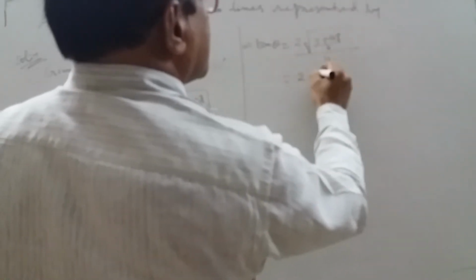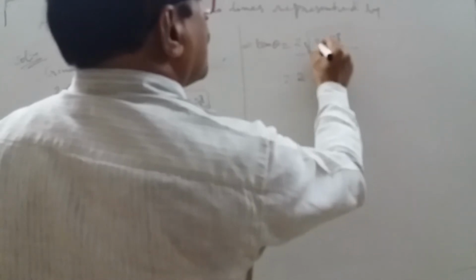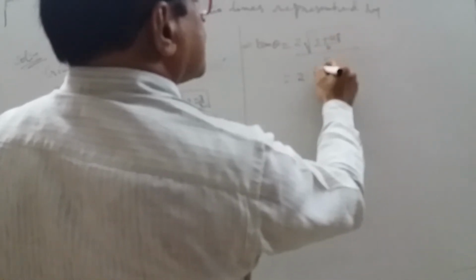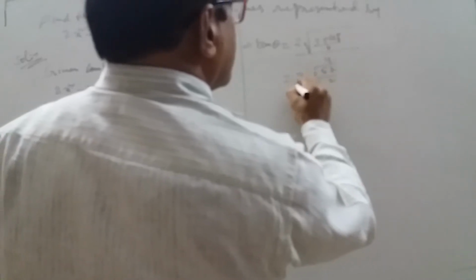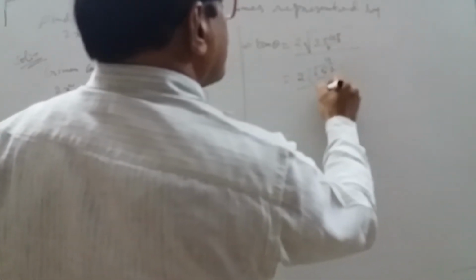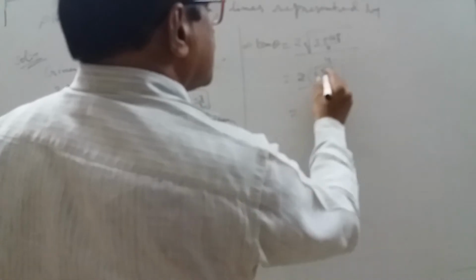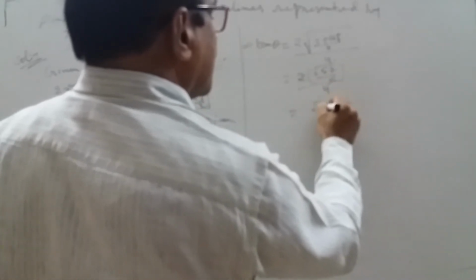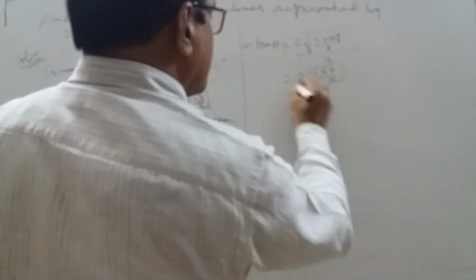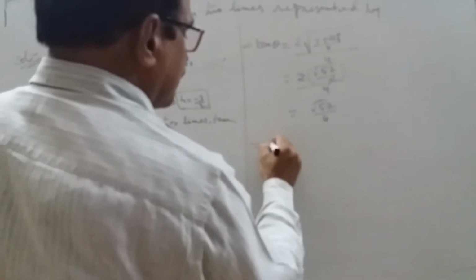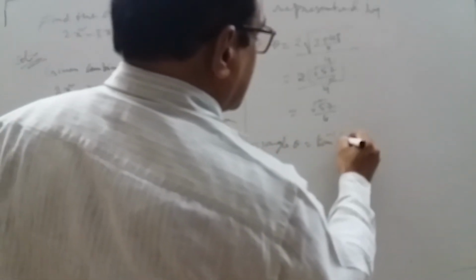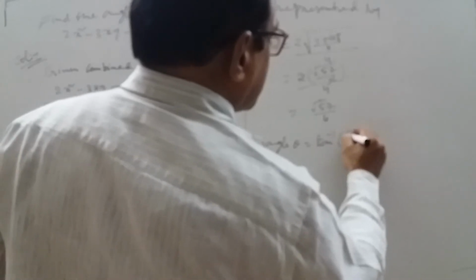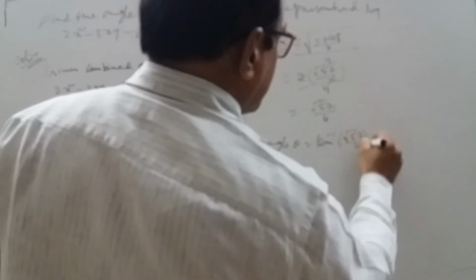So this can be written as 2 root of 48 plus 9 is 57 by 2, whole divided by 4. 2 gets cancelled. That is root 57 by 4. What is this? Tan theta. Therefore, angle theta is equal to tan inverse of root 57 by 4.